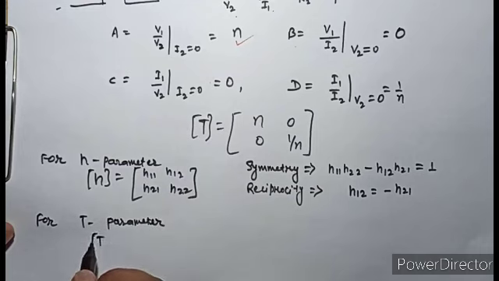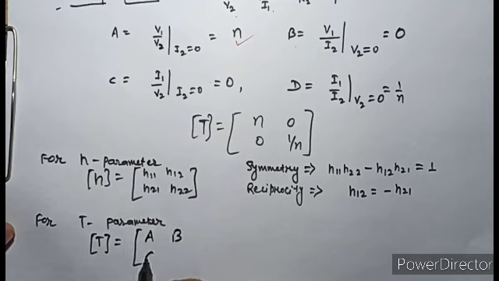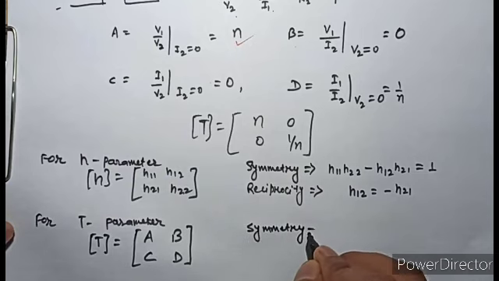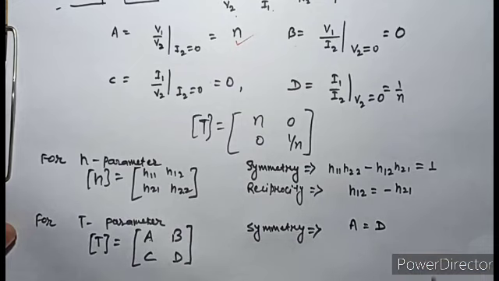And for our T parameter, consider that this is our T parameter as A, B, C and D. Then for symmetry, the condition is these two parameters A and D must be equal, right?